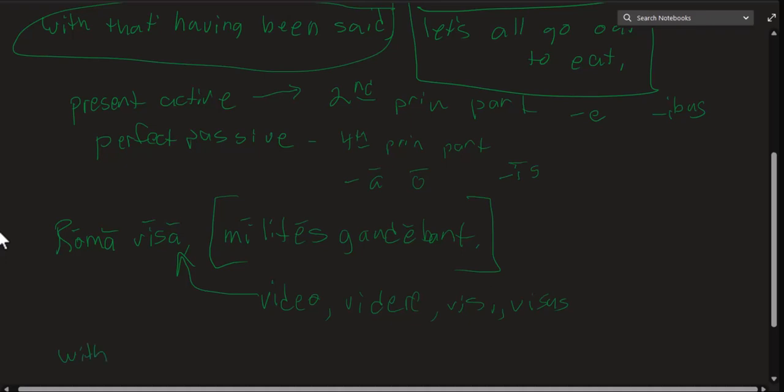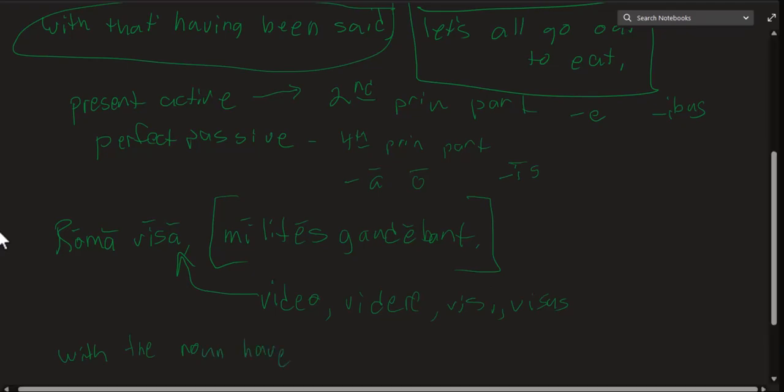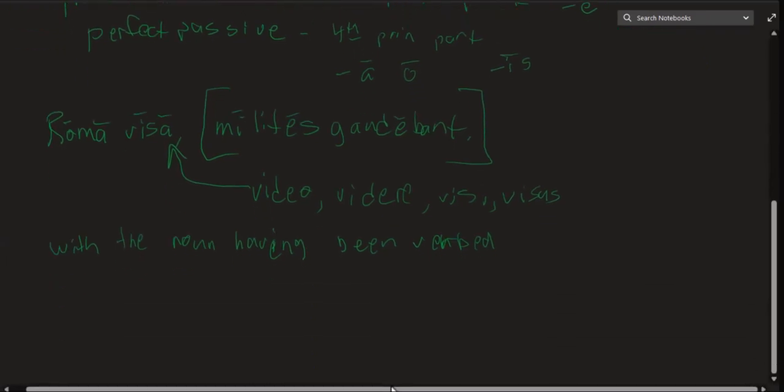Now, as you get better with it, more comfortable, you can translate it in a way that makes sense, sounds better to the American ear. But to start off with, it's best to use this formula with the noun, and if it's perfect passive, with the noun having been verbed. I'll explain that in a minute. That's for if it's perfect passive.